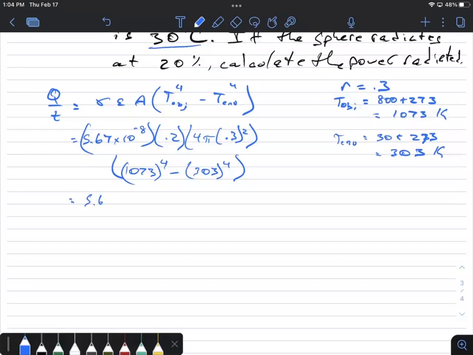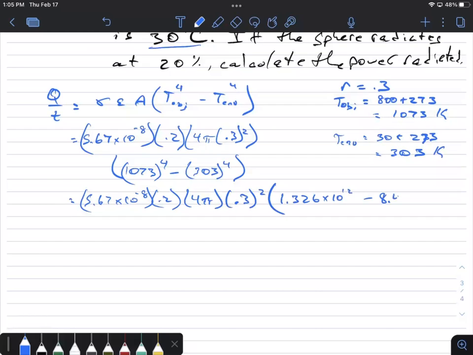We have 5.67 times 10 to the minus 8 times 0.2 times 4 pi times 0.3 squared times 1073 raised to the fourth power. That's 1.326 times 10 to the 12, minus 303 to the fourth power.